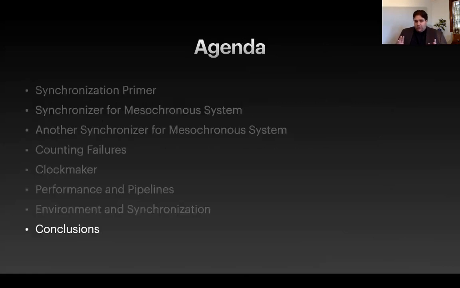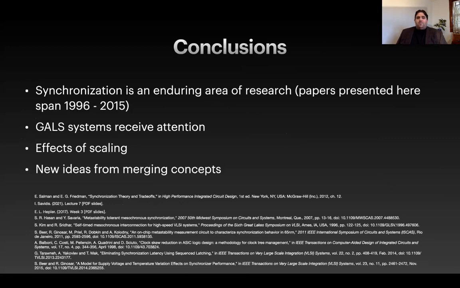So just to wrap everything up, what I've learned from this is synchronization has been around for a while. If you just sample the range of the papers that I've discussed here, they go from 1996 all the way up to 2015. And in this class, we're learning about it in 2021. So it's been going on for decades.